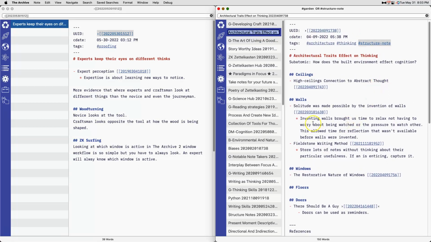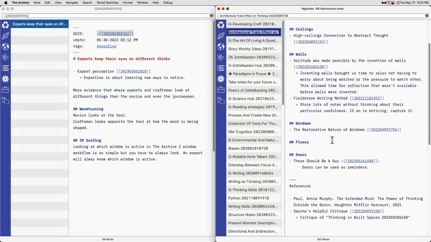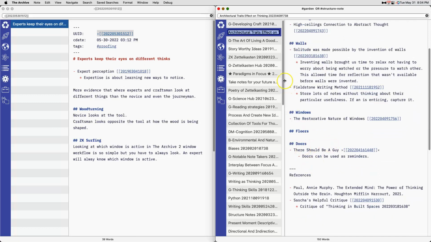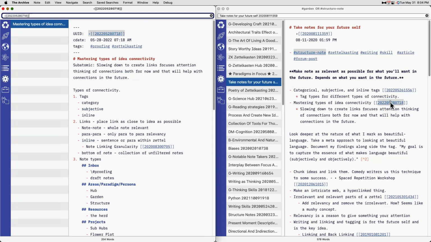Here again, we see the links have some surrounding context that helps place them within the idea structure of why they're here on this page. And even there are some references here. Let's take a look at this other one. Here, we'll take notes for our future self. Take a look at some of these other notes here.